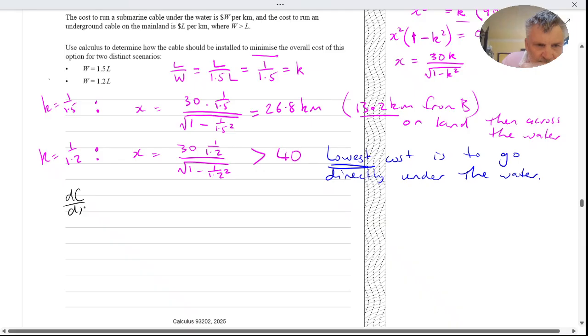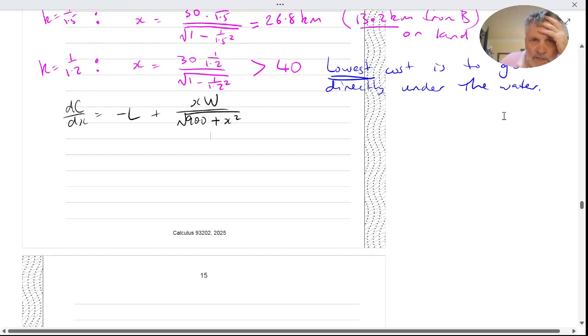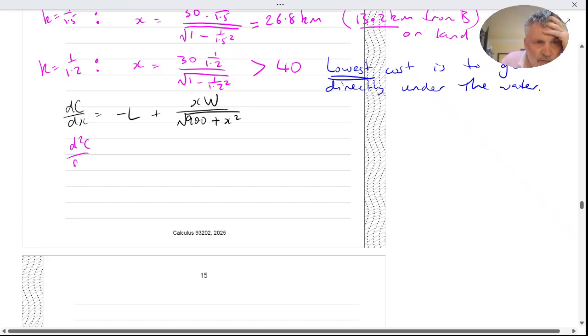dc dx we had found was minus L plus xw over the root of 900 minus x squared, or plus x squared. Plus x squared, double check. Yeah, 900 plus x squared. So if we want to find the second derivative, d2c by dx squared, we get nothing from here.